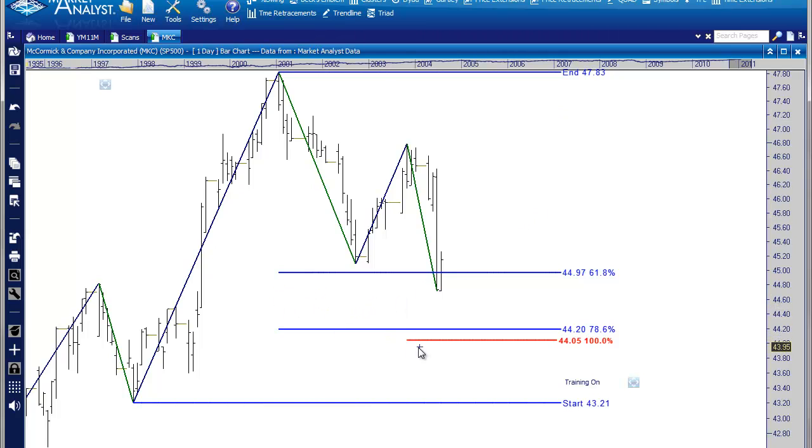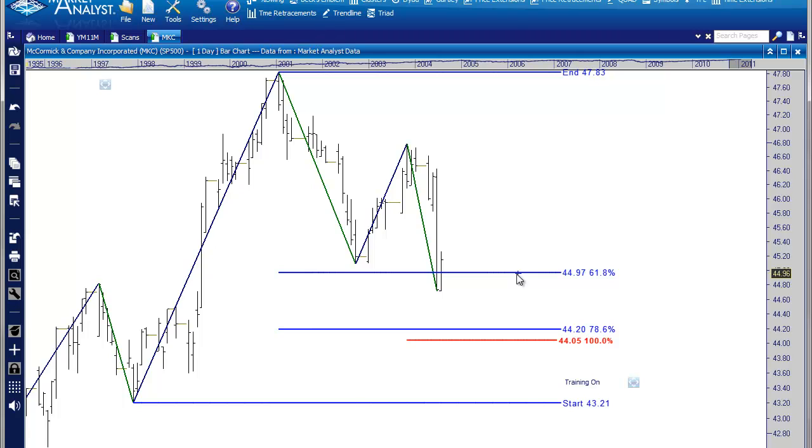Now, as you can see, my price extension target here at 44.05 lands beside my 78.6% Fibonacci retracement at 44.20. If this red line landed closer to the 61.8% retracement, I would call this a 61.8 trend continuation Gartley.